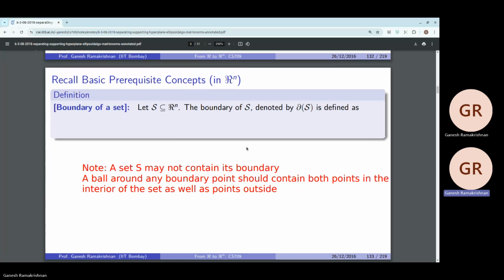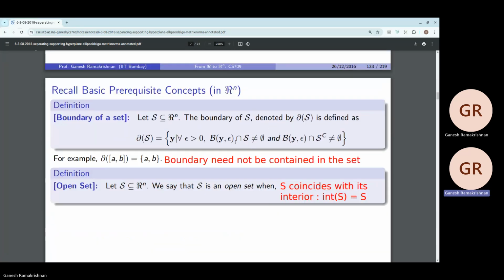So the boundary of a set is exactly what we were saying: all the points y such that for any epsilon, no matter which epsilon I take, not there exists an epsilon, but for every epsilon, some part of the ball will be outside and some part will be inside.